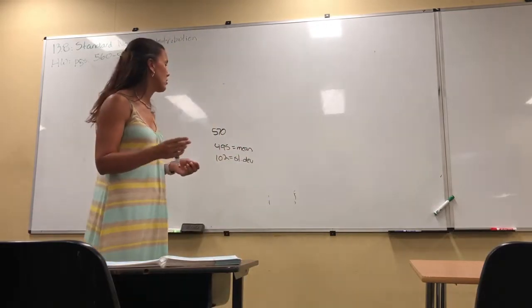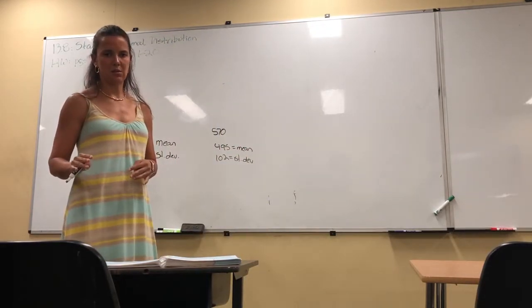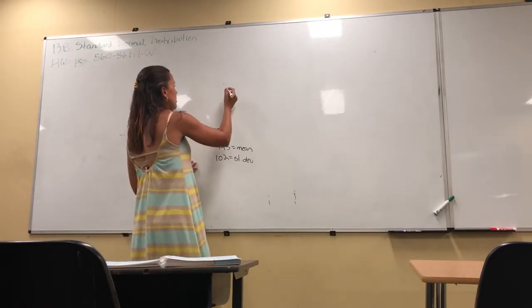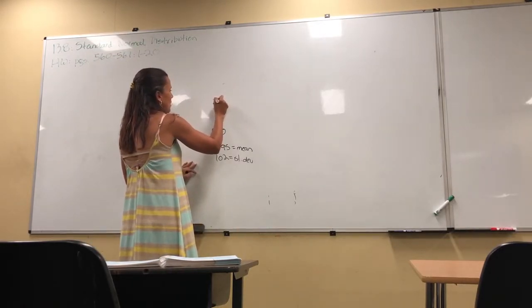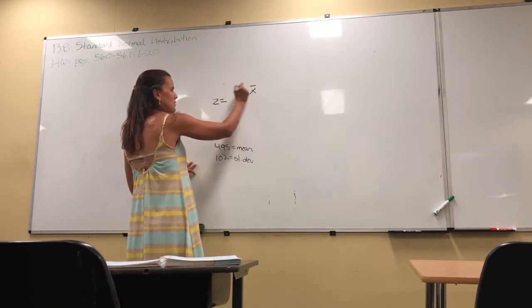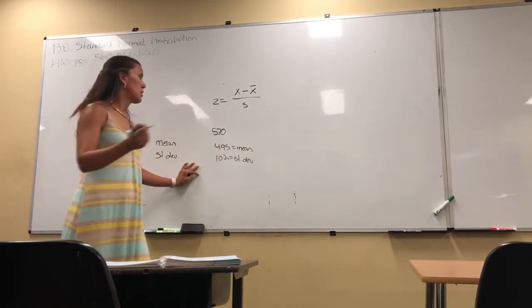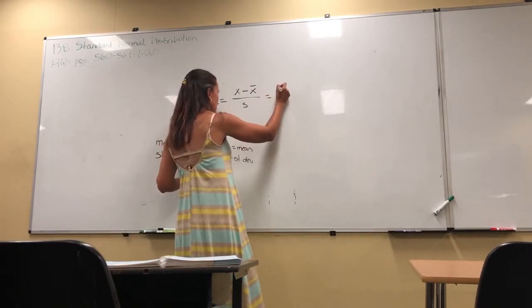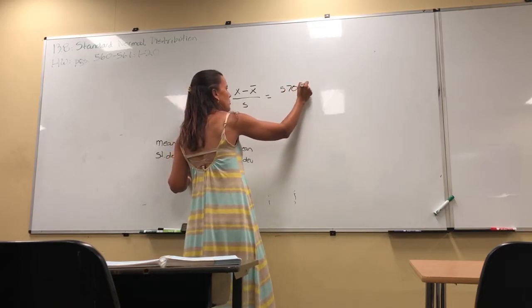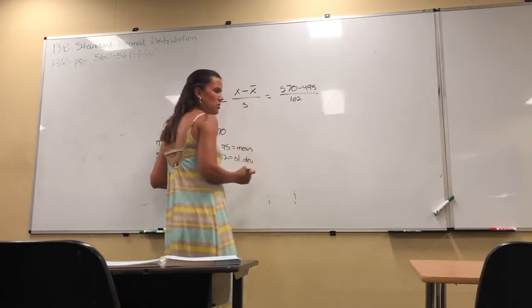So what you want to calculate, which is the most important thing in this case, is a z-score, because a z-score not only takes into account how you did, but it compares it to how everybody else did. Okay, and the z-score is your number minus, remember this is a symbol for the mean, and that's standard deviation. So in Tom's case, he got a 570, the mean was a 495, and it says that the standard deviation was 102.